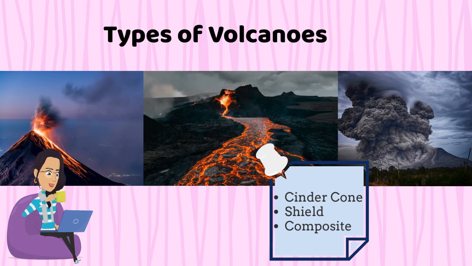On the other hand, cinder volcanoes are steep, cone-shaped, and are formed by explosive eruptions of volcanic materials, such as ash and cinders that pile up. Composite volcanoes, also known as stratovolcanoes, are the most explosive of all and are formed by alternating explosive eruptions and eruptions of viscous magma.